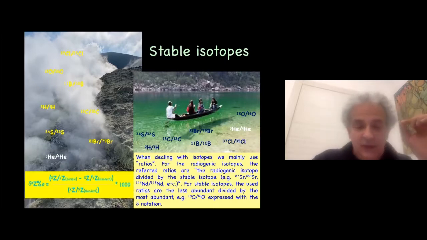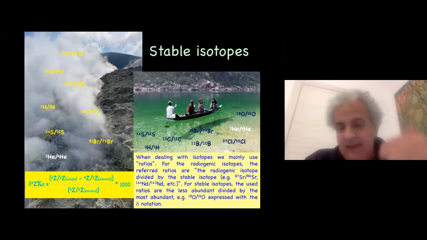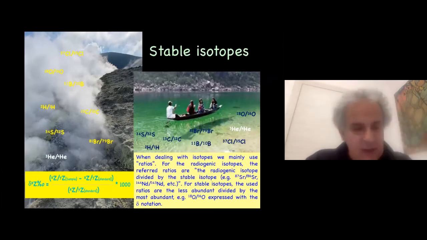For this reason, we use the typical delta notation that all of you know. We use the ratio measured by mass spectrometry divided by the reference standard, usually seawater, air, or other standards.